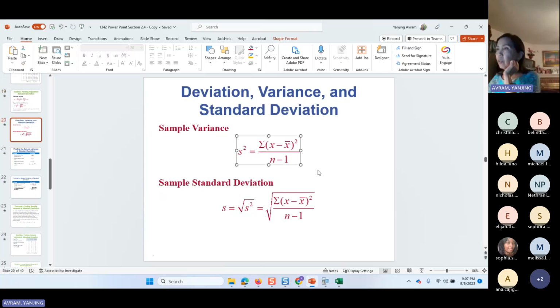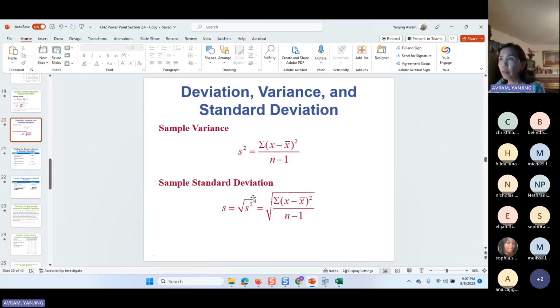So why do we divide by n minus 1 instead of n? Because the sample usually is a smaller set. A smaller set is not the population, so you tend to make a bigger mistake. So that's why we use n minus 1, so that way we do not underestimate the variance or the sample standard deviation.